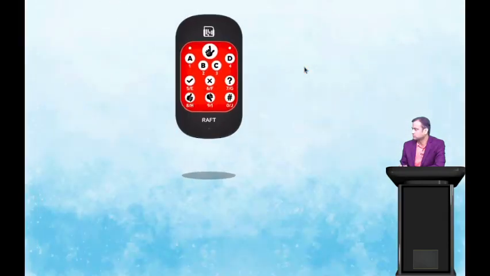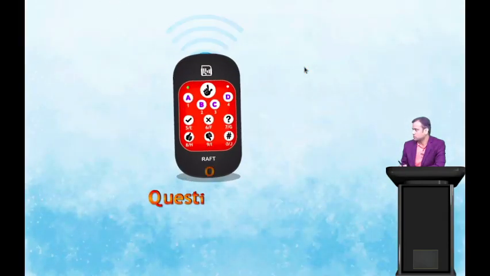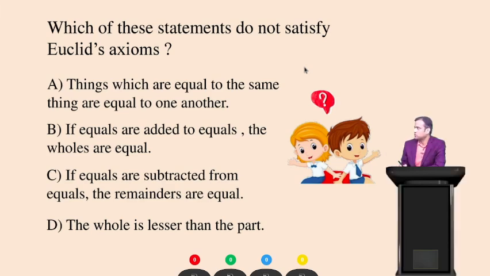Okay, now again question time for you. Which of these statements do not satisfy Euclid's axiom? And your time starts now. Things which are equal to the same things are equal to one another. If equals are added to equals, the wholes are equal.